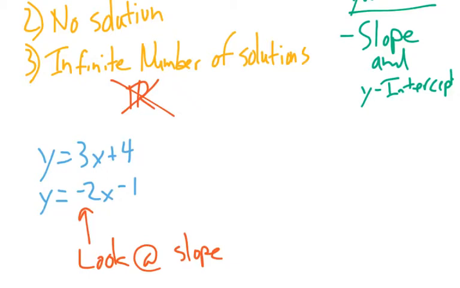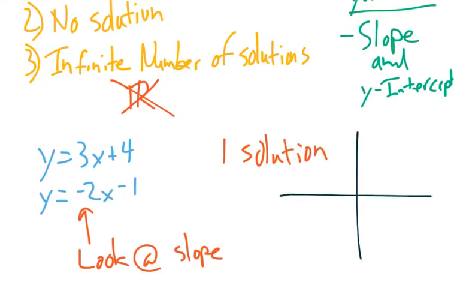So here, the slopes are not the same, so we will have one solution. And the idea is that if we were to graph this, one line's going to look like that. The other line is down here, going up 2 over 1, so it's going to look like that. They cross at that one point. That is their solution.